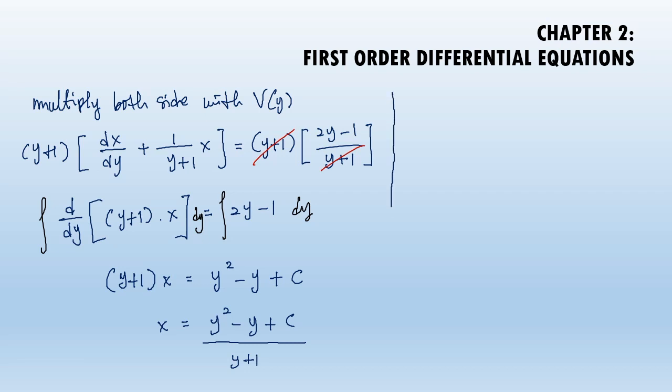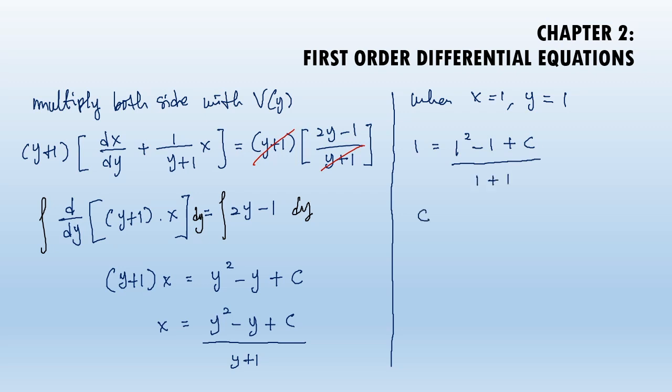But since we have an initial value, we have to substitute into our general solution. So when x equals 1, we have y equals 1. So x would be 1 equals 1 squared minus 1 plus c over 1 plus 1. So we have c equals 2.